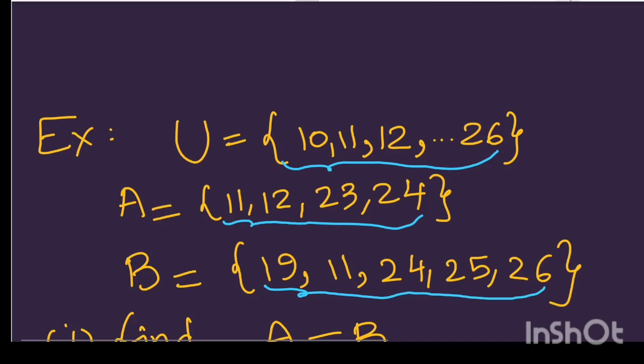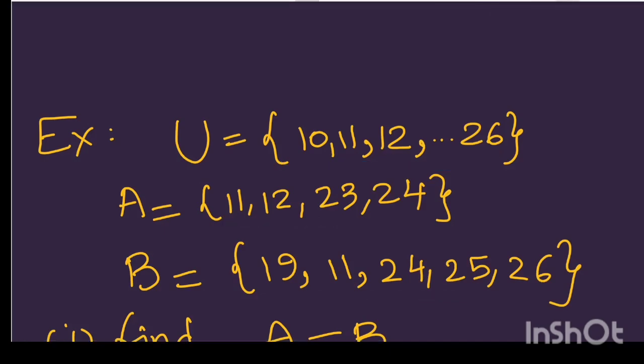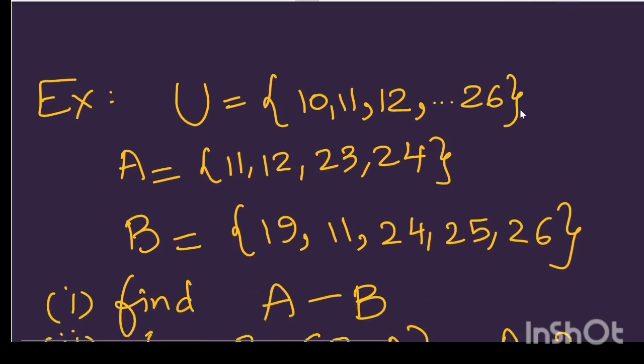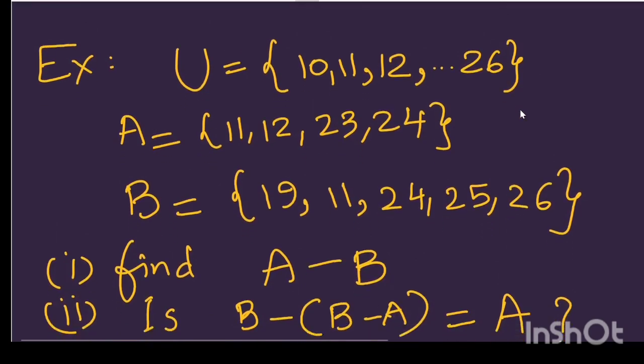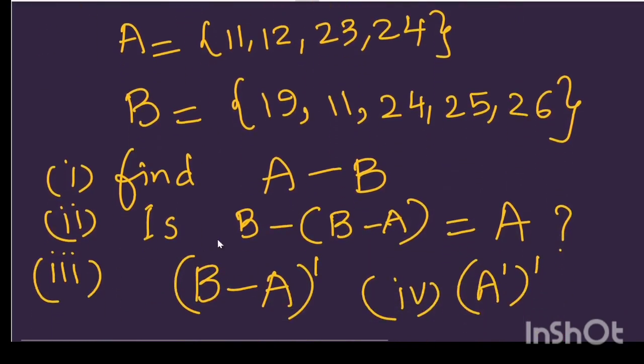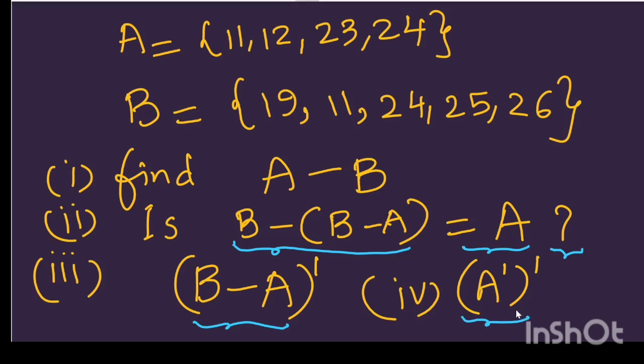So now the question is, find A minus B. Second, they are asking, is B minus A equals to A? Okay, this is the question mark here. And the third part, they are asking to find B minus A dash. In the fourth, A dash dash.